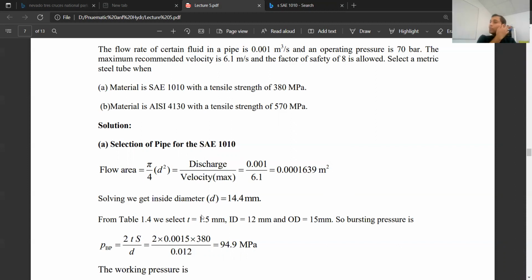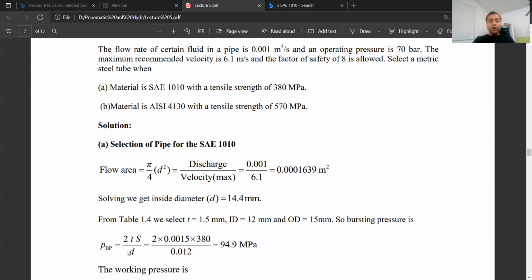Now we need to find out what is the pressure at which it will burst. What is the pressure it will fail? So we have an equation. Burst pressure equals 2 times thickness times the tensile strength over the diameter.